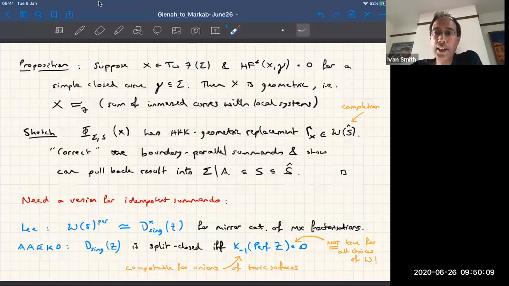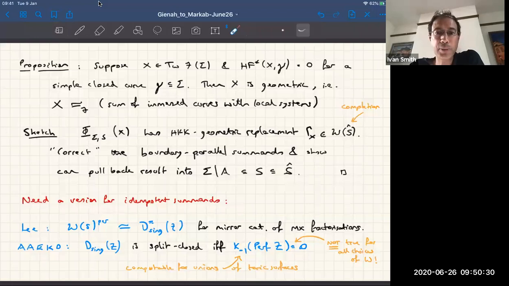And in earlier work, Abouzaid, Auroux, Efimov, Katzarkov, and Orlov, building on classical work in algebraic surface theory, had given a sufficient criterion for the derived category of singularities to be split closed.